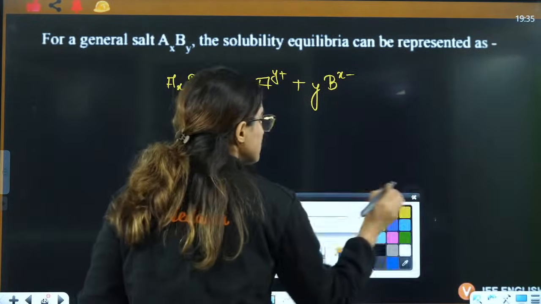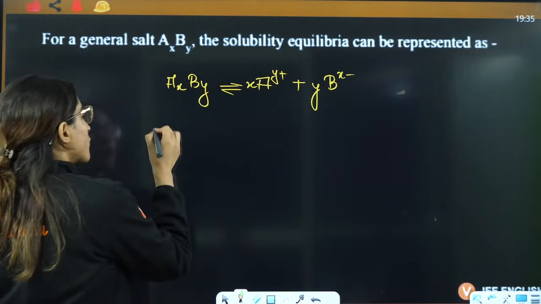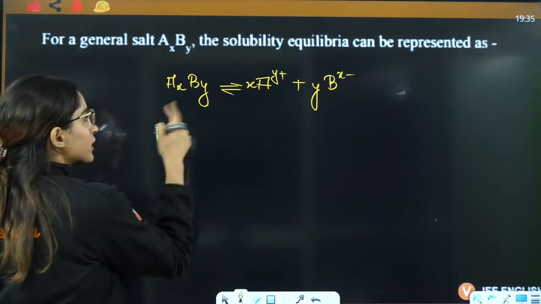Now if you see this here, what is Ksp? Ksp is products by reactants.